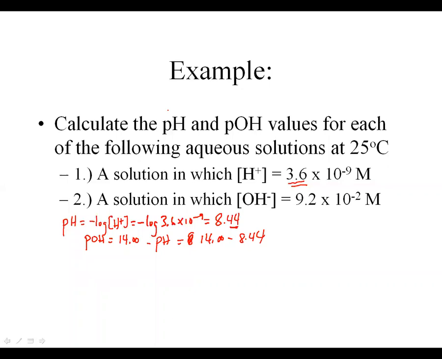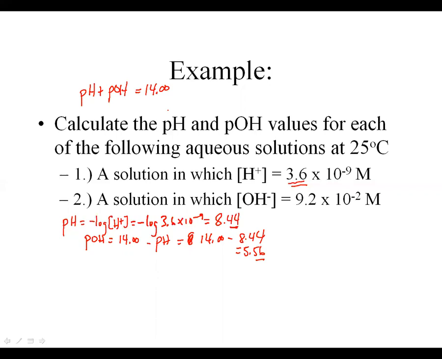And again, that comes from the relationship that the pH plus the pOH equals 14. And once you've got either the pH or the pOH, you pretty much could just subtract it from 14, and that'll give you the other number that you need.